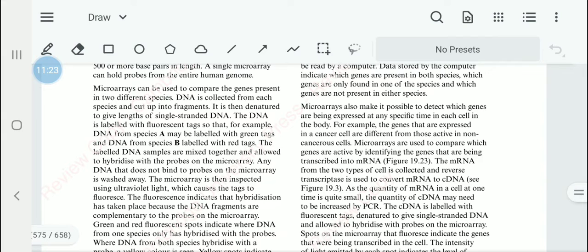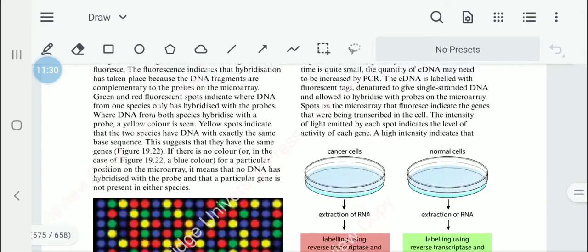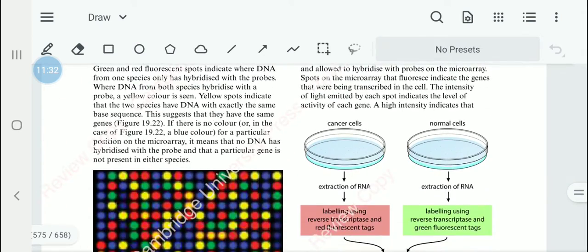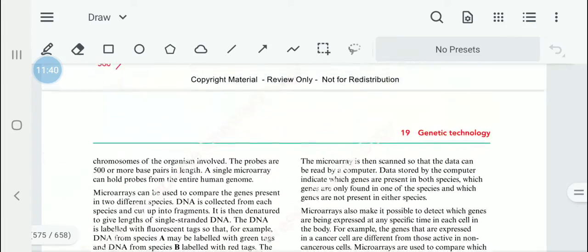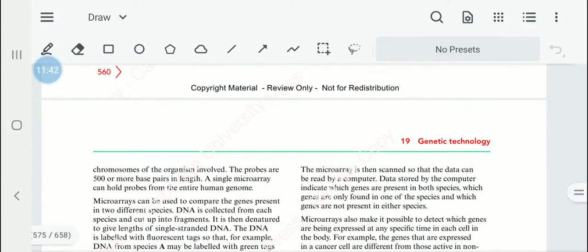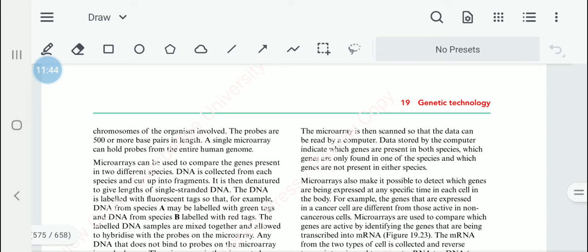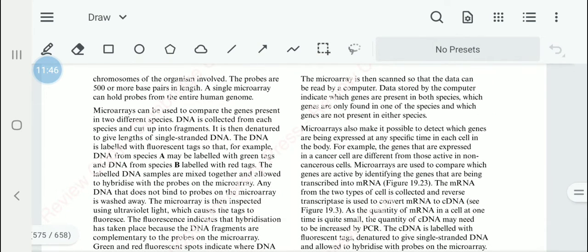If a color is not provided, it proves that that particular gene presented by the microarray is not present in both of the samples.